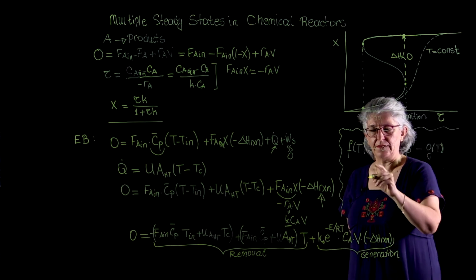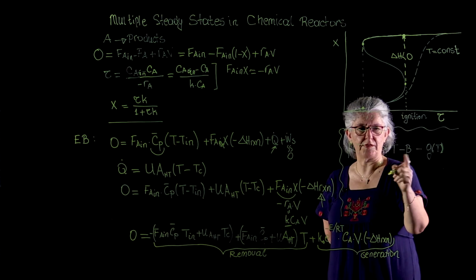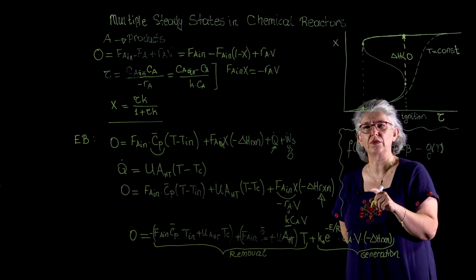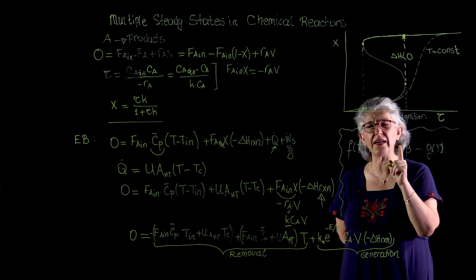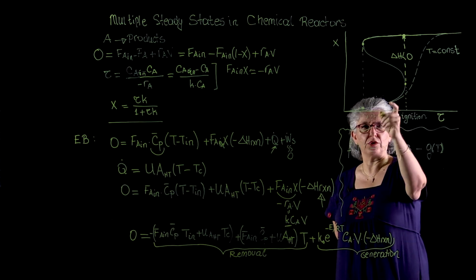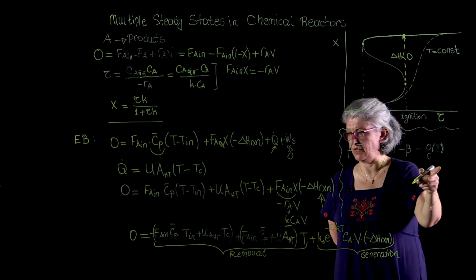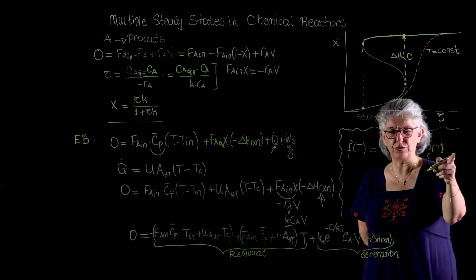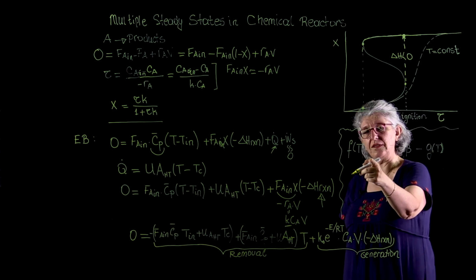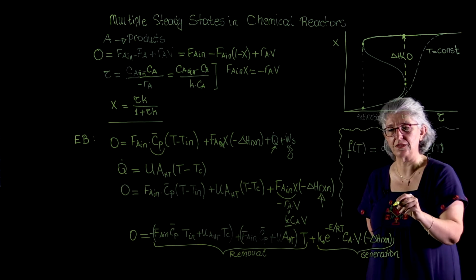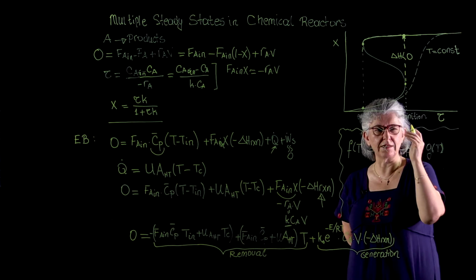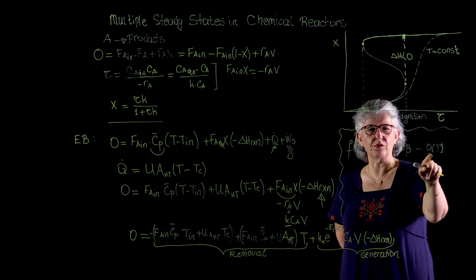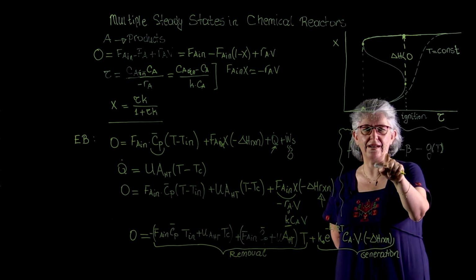Now this function f of T is going to have a unique solution. In other words, there will be only one root of this function. There will be only one temperature that is going to be valid for this function. Under which conditions? Under the conditions that the maximum value of dg/dT is going to be smaller than alpha.